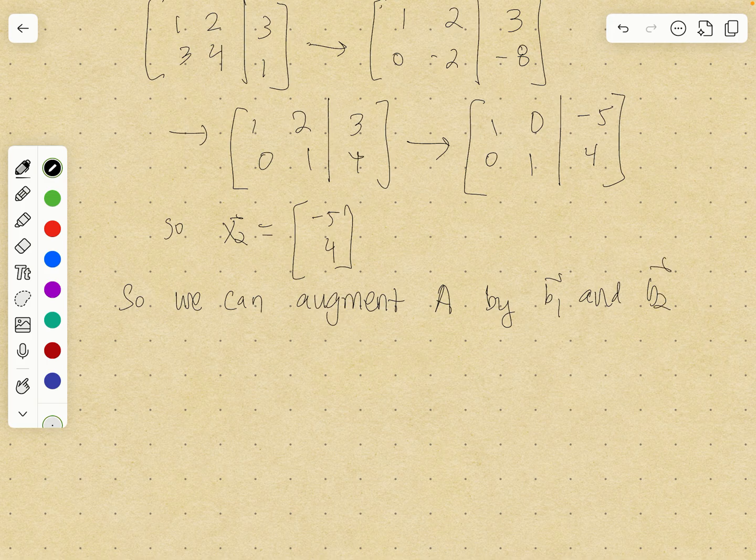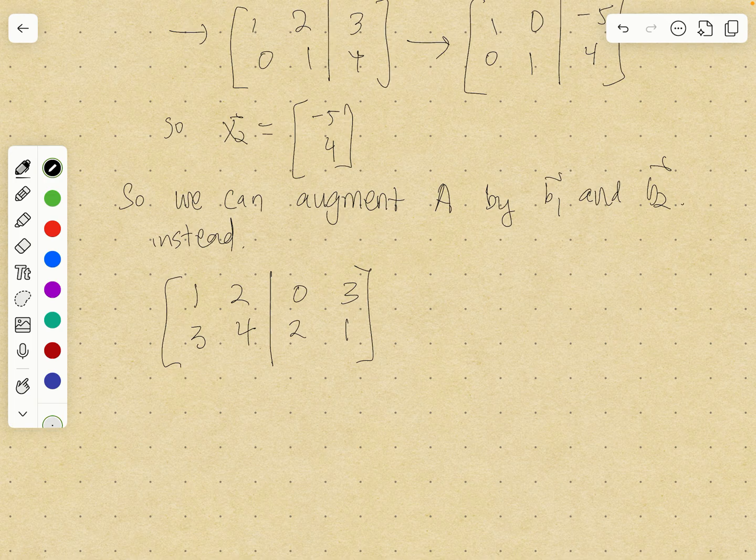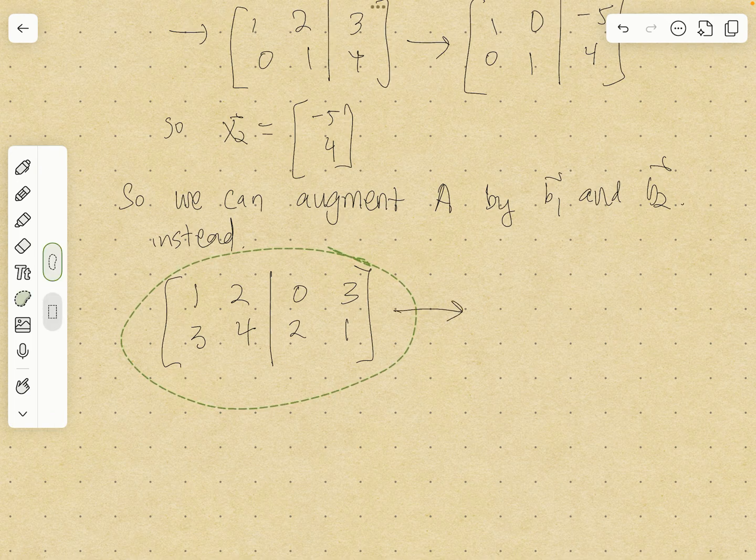Let me explain how this works. So what you would do instead of doing the same thing twice is take your A and then augment it by b1 and then augment it by b2. So you have that. And then you row reduce this augmented matrix.